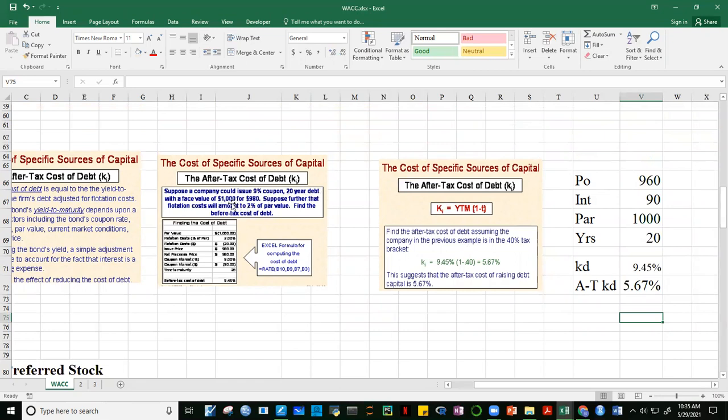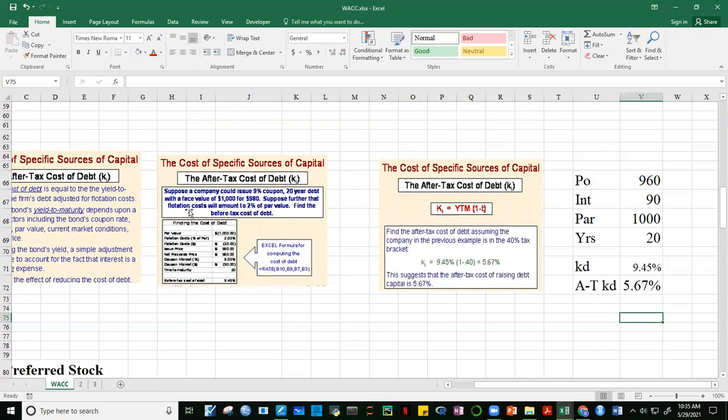So alam natin to, no? 9% coupon rate, 1,000, so 980. So ibig sabihin nito, guys, it's selling at a discount, no? Diba? So ibig sabihin yung market rate, we will expect that the cost of debt will be greater than the coupon rate na 9%. Okay.